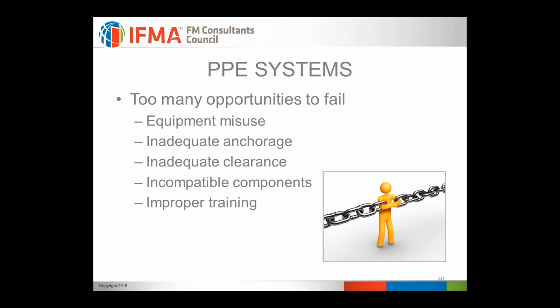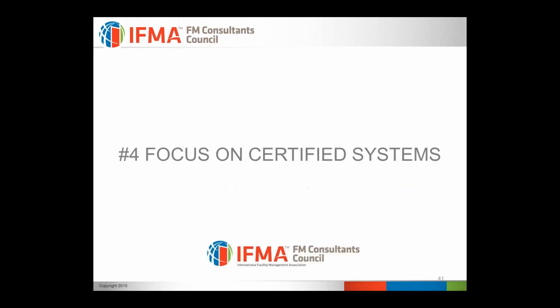Part of the problem is that some of the folks we're asking to use fall protection systems only use them once a month, once every few months, to do certain tasks, and so they forget. It's not like riding a bike. It's not intuitive. It's not easy, and so all those reasons really go to why we think using personal protective equipment as the first choice in fall protection is a really bad idea.